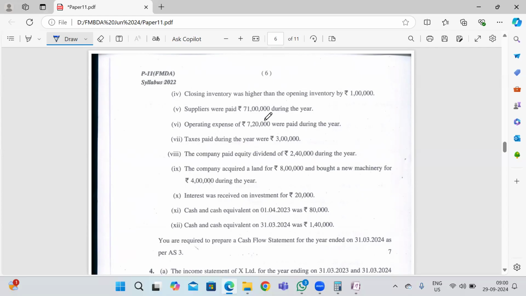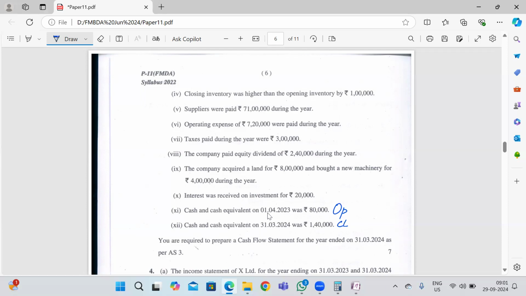Suppliers were paid 71 lakhs during the year. Operating expenses, taxes paid during the year. The company paid equity dividend 2 lakh 40,000. The company acquired land for 8 lakh and bought a new machine for 4 lakhs during the year. Interest was received on investment, and cash and cash equivalents: this is opening and this is closing.